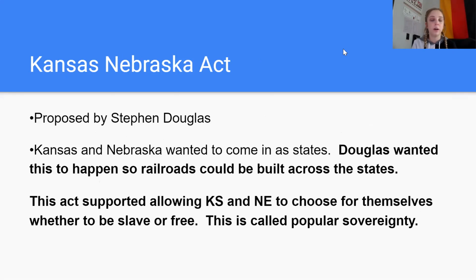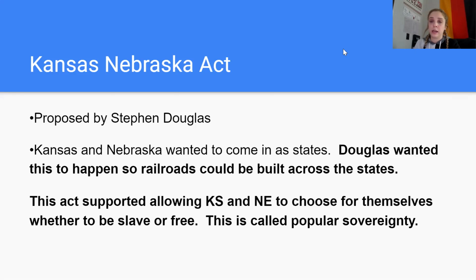Okay, last one. So first off, why did the Fugitive Slave Act cause the Civil War? I mean, think about it. You have Southern slave owners and politicians that want to recapture what they think is their property. But ultimately, the North and the abolition movement disagreed with that act.